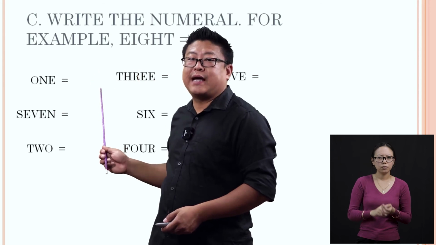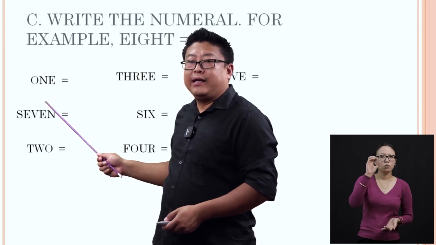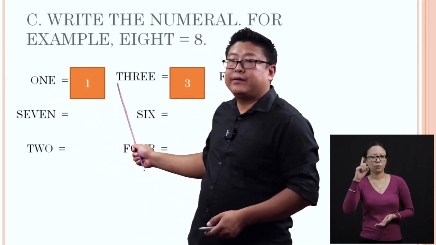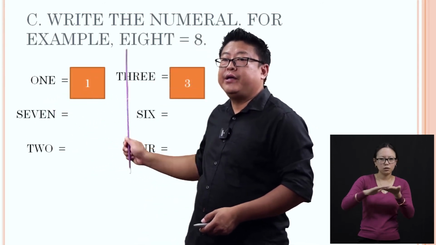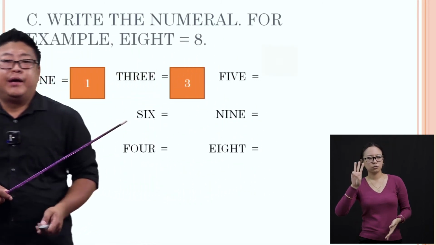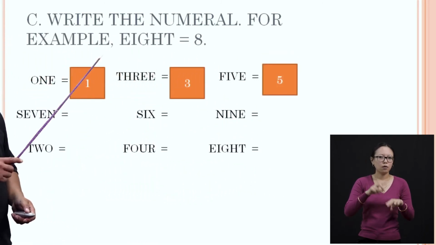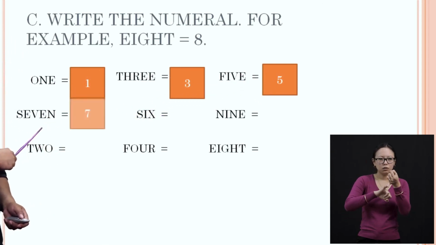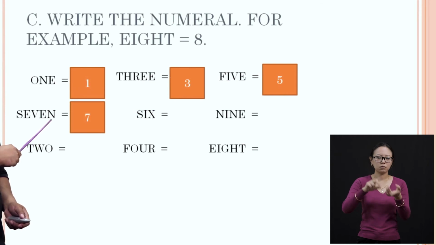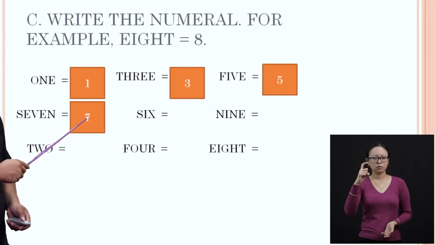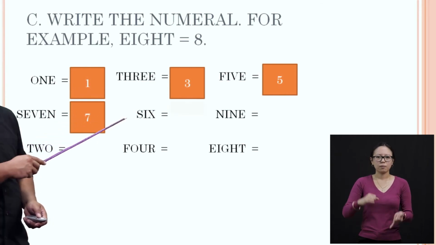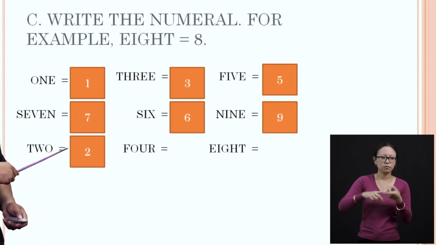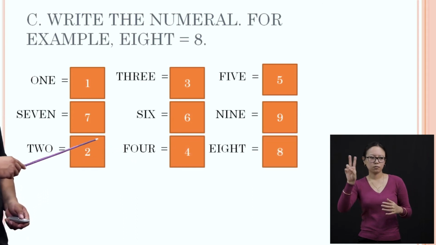So in the first example, ONE is written as 1, and THREE is 3. 5, FIVE is written as 5. And then if you look at this, SEVEN is written as the simple numeral 7. Similarly, 6, 9, 2, 4, and 8.